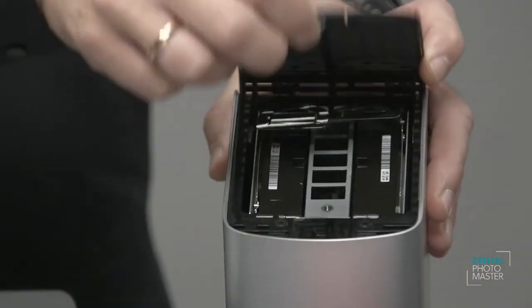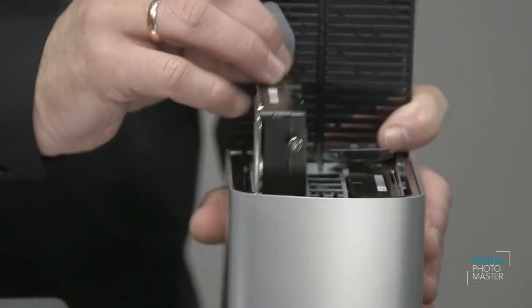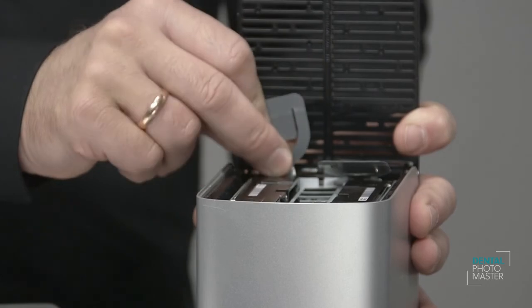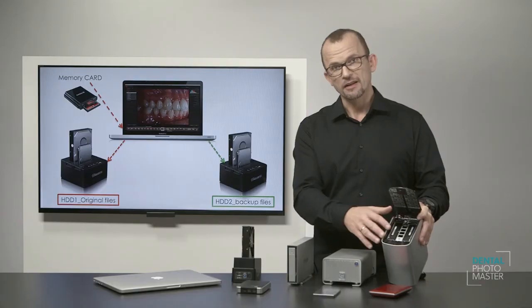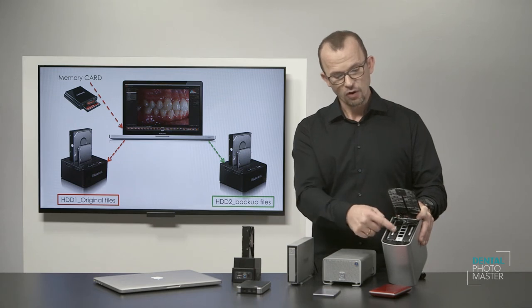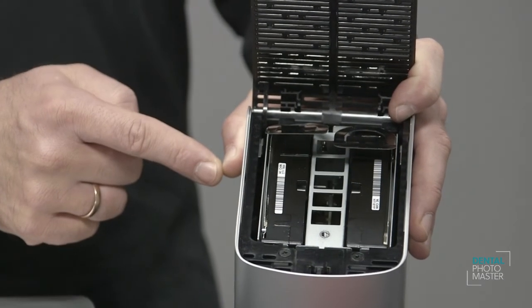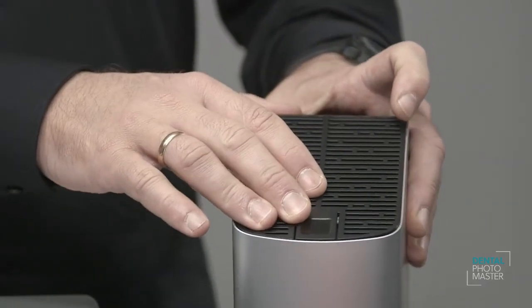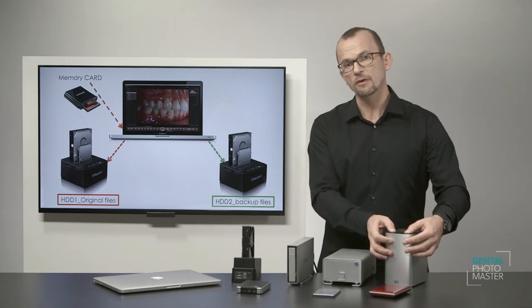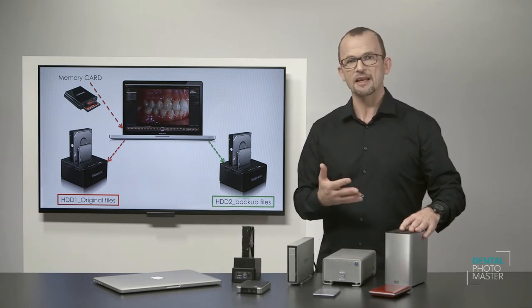When you look inside, you will find two hard disk drives. And this type of device is designed to make two copies simultaneously. When you transfer your data into this device and they are configured in RAID 1, so-called, you will have one copy saved on disk A and the mirror version saved on disk B. So it's a very time-saving procedure, because you don't have to worry and think about where you have your copy A and B, because it's done automatically.